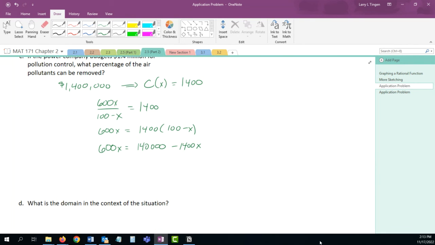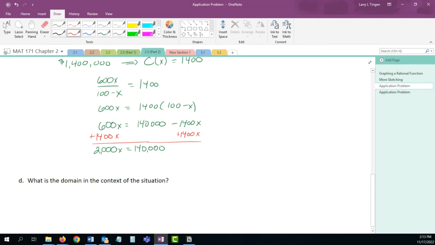This is linear, right? Highest degree of X is 1. Everything with X to one side, everything without to the other. So if I add 1,400X to both sides, all the X's end up on the left, and all the non-X's end up on the right. Now, with X completely by itself, it's currently multiplied by 2,000, so I'm going to divide both sides by 2,000.